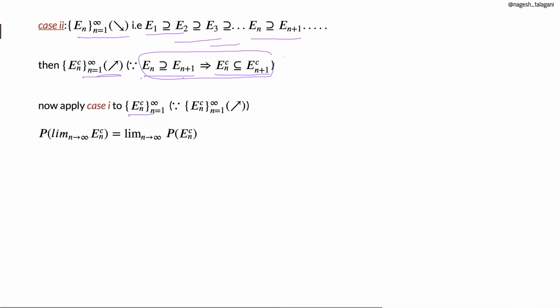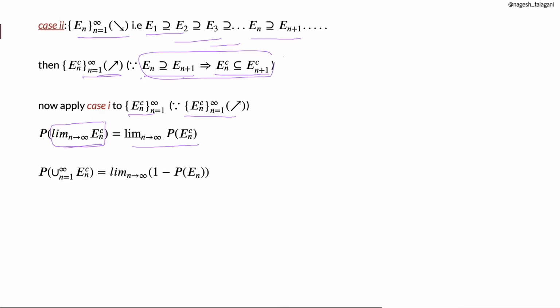If you apply case 1 to this En complement sequence, as this is an increasing sequence, the probability of limit En complement is going to be the limit of the probability of En complement. But what is the meaning of limit En complement? Here En complement is an increasing sequence of events, right? So it's going to be the union of En complement.